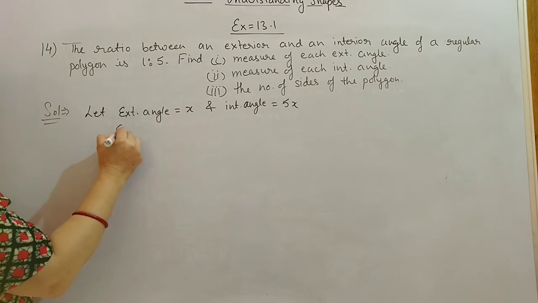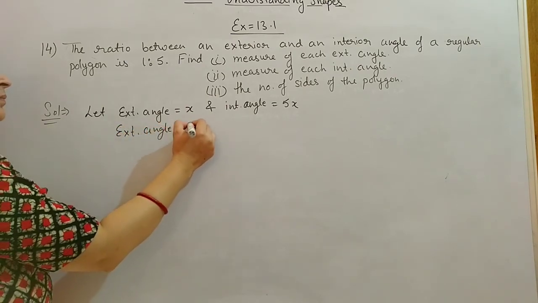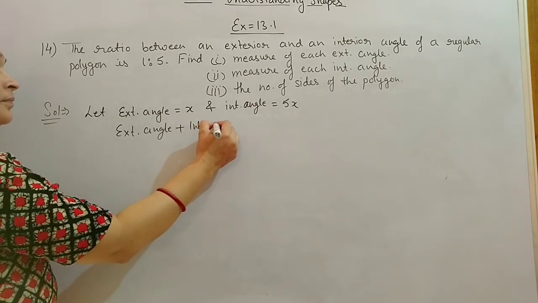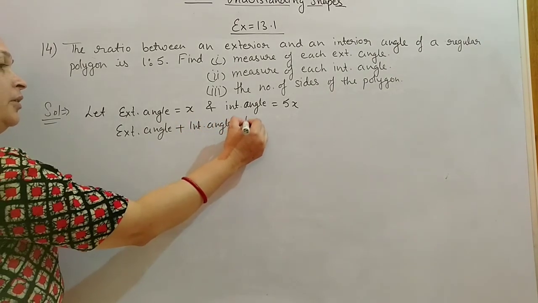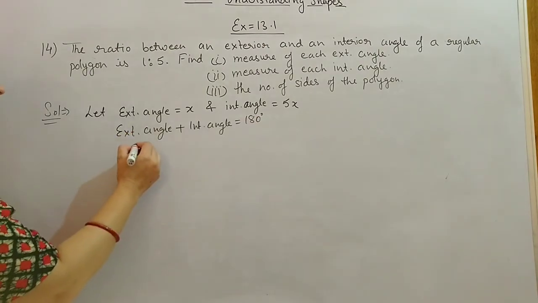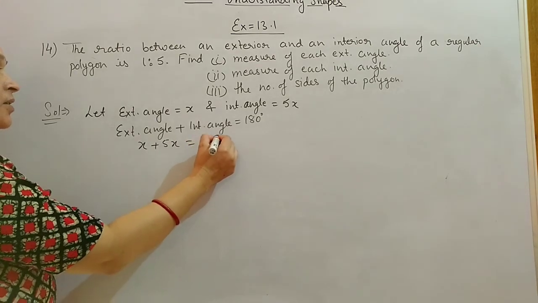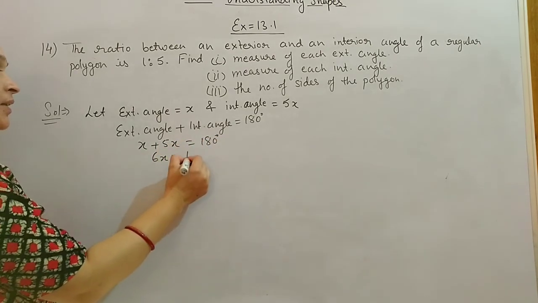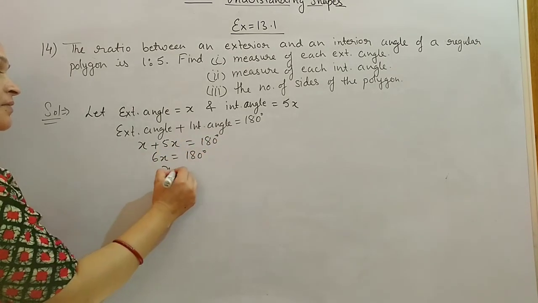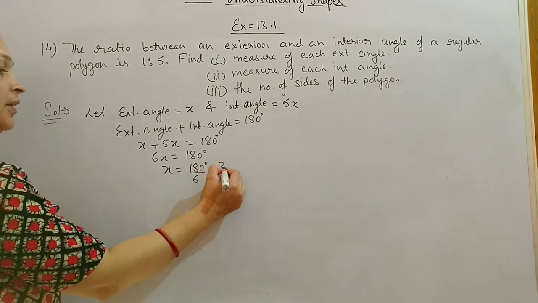And we know exterior angle plus interior angle is equal to 180 degrees, because these angles are on a straight line. So x plus 5x is equal to 180 degrees. 6x is equal to 180. So the x value is 180 by 6, equal to 30 degrees.